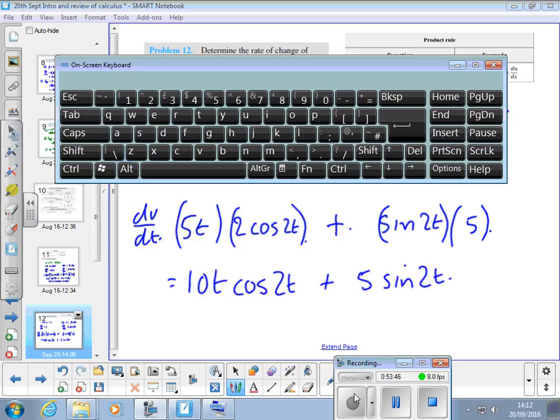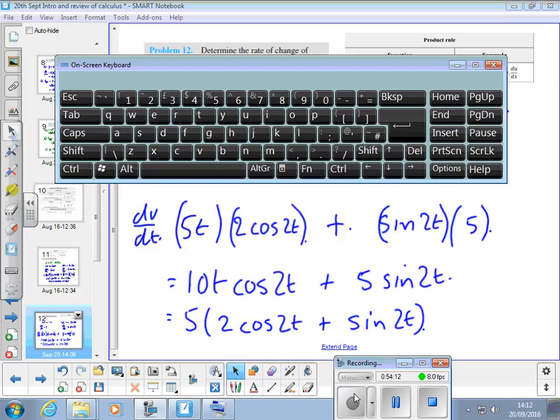Can we do anything with that? We could factorise, can't we? 5 times 2t cos 2t plus sine 2t.